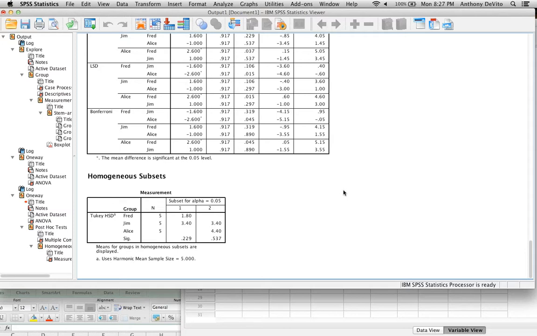If we weren't able to reject the null hypothesis originally with analysis of variance with the F-score, then we wouldn't have bothered with the post hoc test, because none of them would have come up rejecting the null hypothesis, saying that the means were different in comparisons between the groups. So we only run the post hoc test once we've gotten an F value that has a significance less than 0.05.